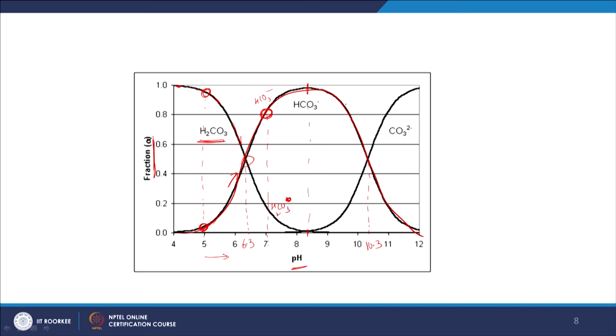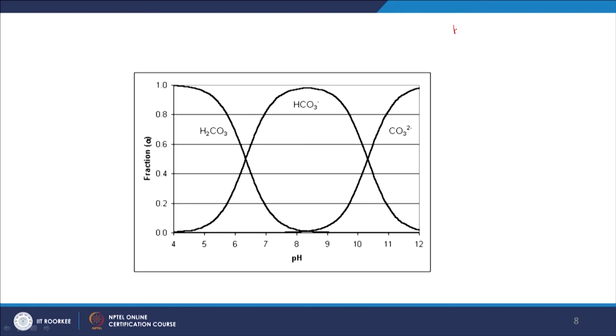And then as I increase the pH and move towards pKa2, initially H2CO3 was dissociating into HCO3- and H+, that is what we see here. Let me highlight that again, please.